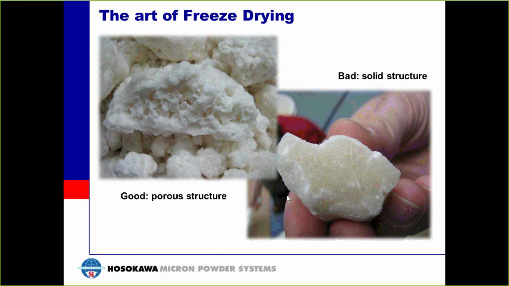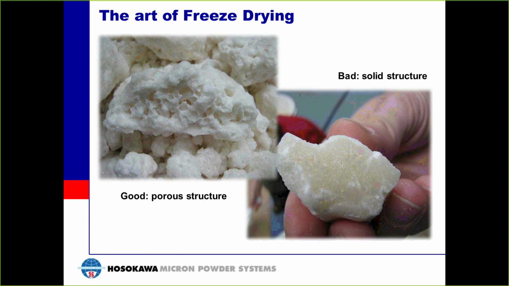Freeze-drying is a very complicated process. What often happens is as you freeze the material, you're going to form a lattice of ice, and within that lattice is going to be your product. As you dry your product, what's going to happen is that lattice of ice is going to be removed, but the product is going to be kept behind in the place that it would be in that lattice.